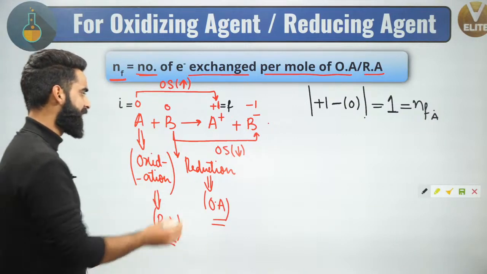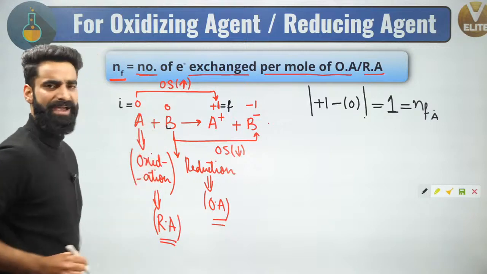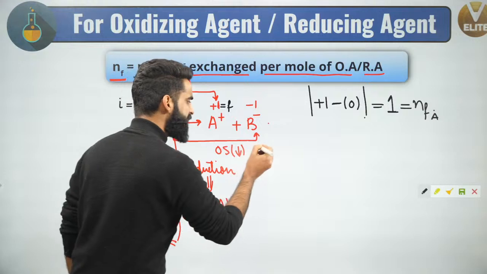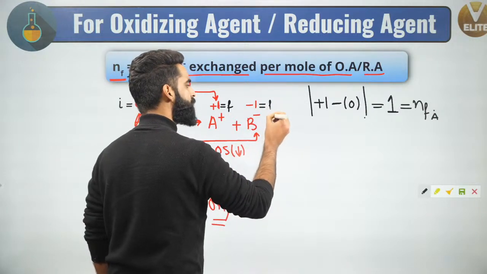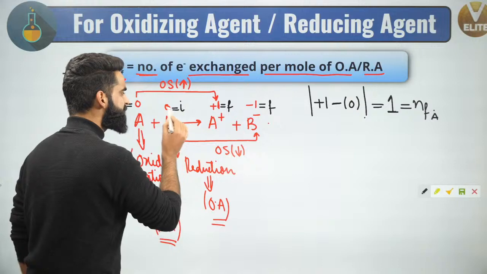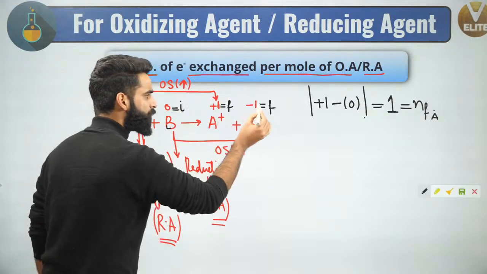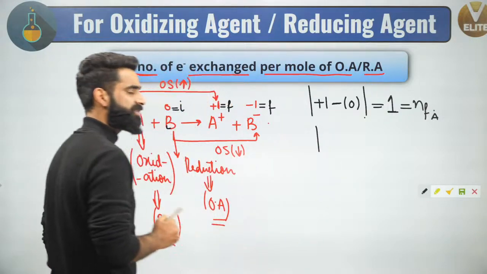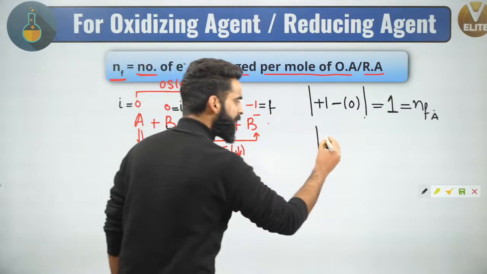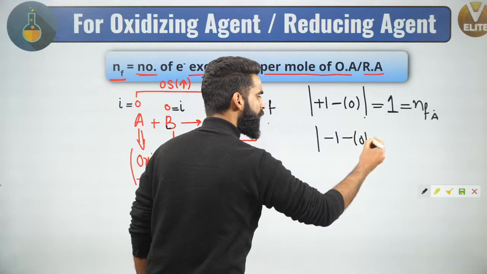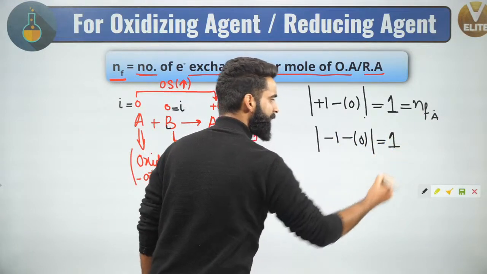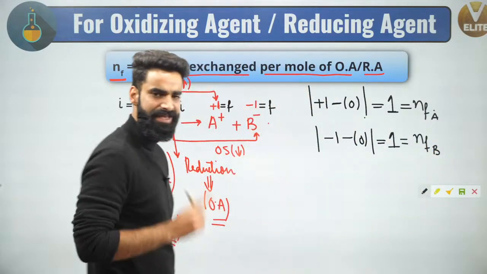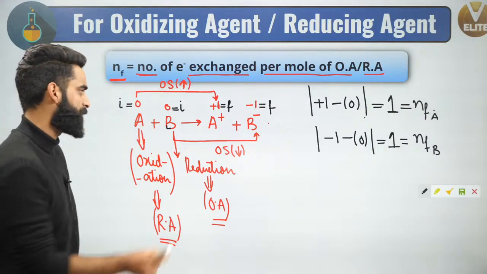Absolutely, yes. Similarly, what about the n factor of this B? Can I call this 0 the initial oxidation state of B, and this B is getting converted to B negative? Over here, the oxidation state of B is -1. So this 0 is the initial oxidation state of B, and this -1 is the final oxidation state of B. If I want to calculate the change in the oxidation state of B, it's the final oxidation state of B minus the initial oxidation state of B. Just take the mod of it, the value will be 1, and this is what I call the n factor of B in this reaction.